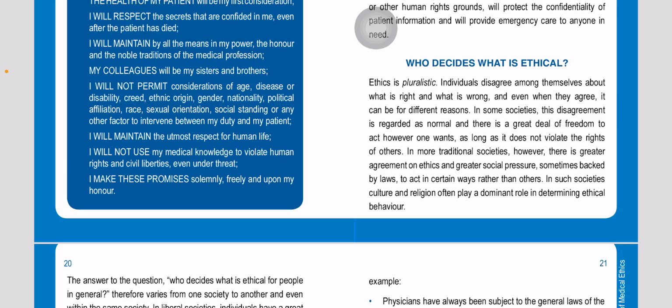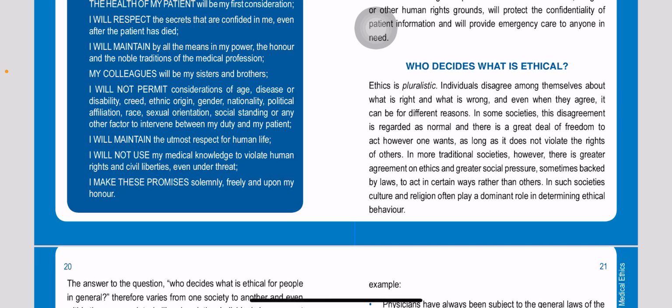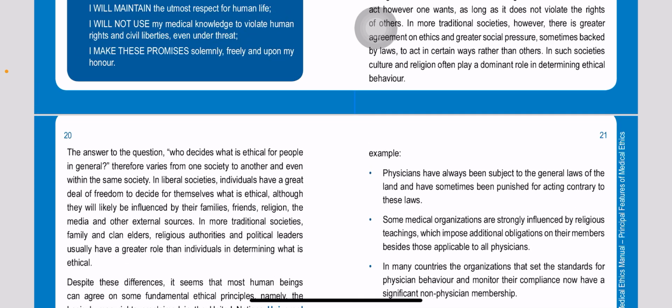In more traditional societies, however, there is greater agreement on ethics and greater social pressure, sometimes backed by laws, to act in certain ways. Culture and religion often play a dominant role in determining ethical behavior. Sometimes, class, the ethics in a country is on a case-to-case basis, depending on the culture, depending on the tradition. Because all of us are unique.